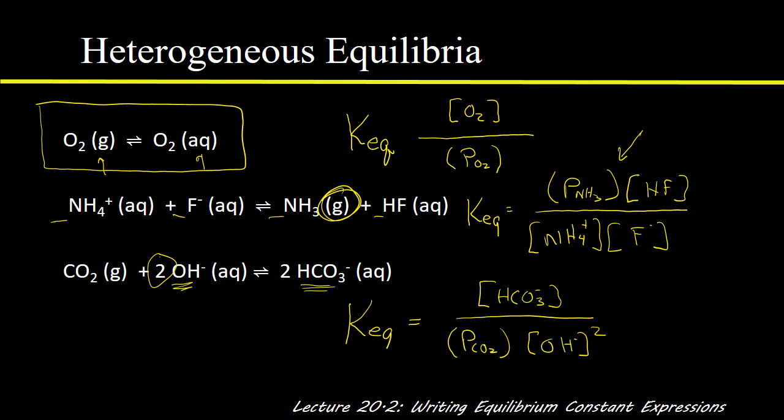If you wrote it as I just did, you wrote it correctly, so good for you. But if you were paying extra close attention, you might have realized that should have been a 1. I had that not balanced correctly. Okay, so with a 1, the equilibrium constant expression should look like this. All right, lovely.